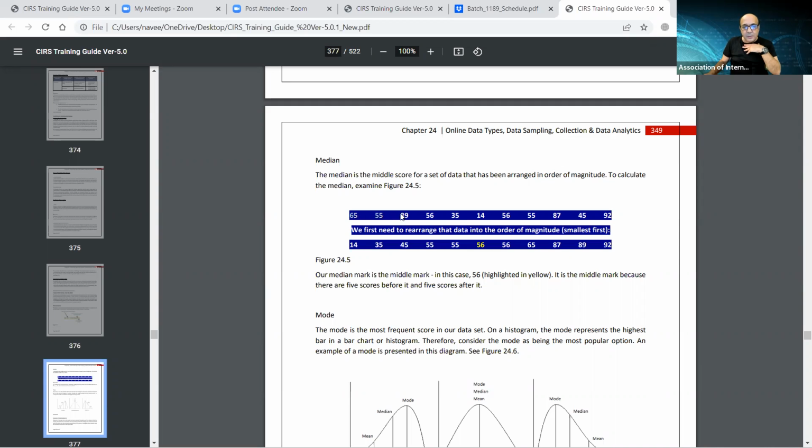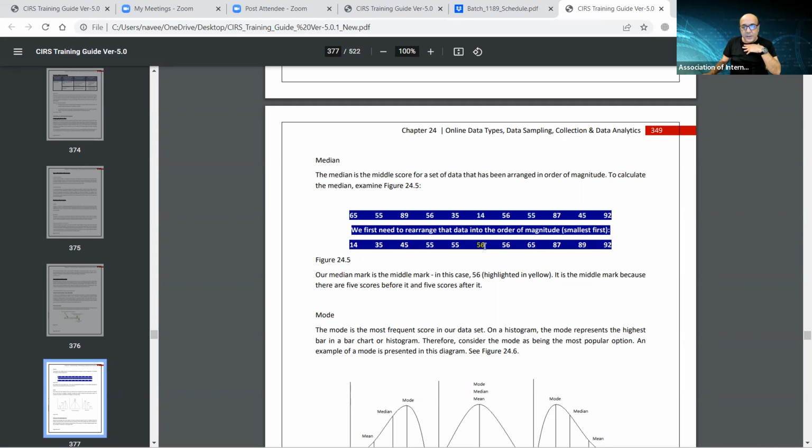For instance, if these were random numbers placed randomly in this row, we would first place them from the least number to the highest, 92 here, and then pick the middle number that has an equal count of numbers on the left and on the right of it.